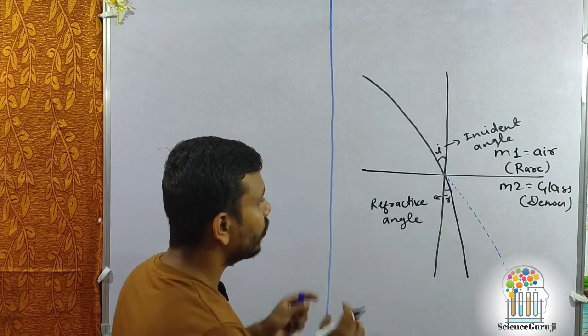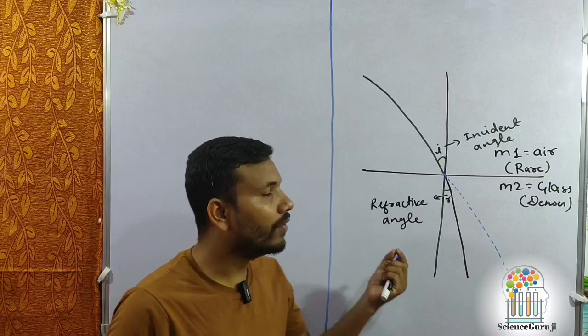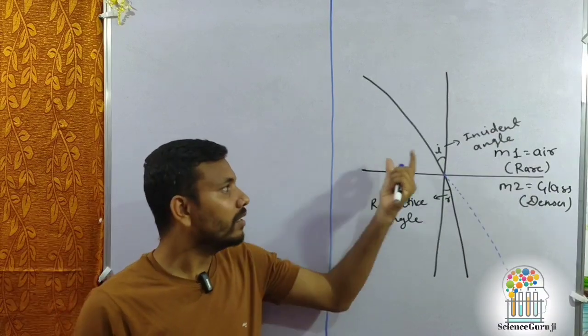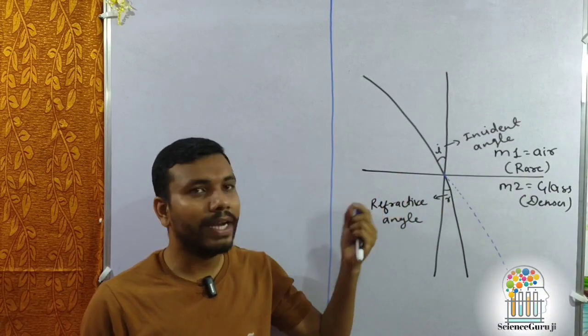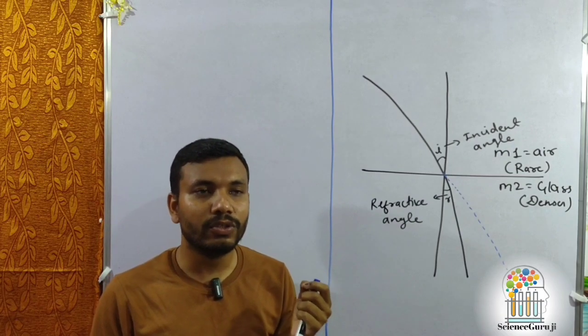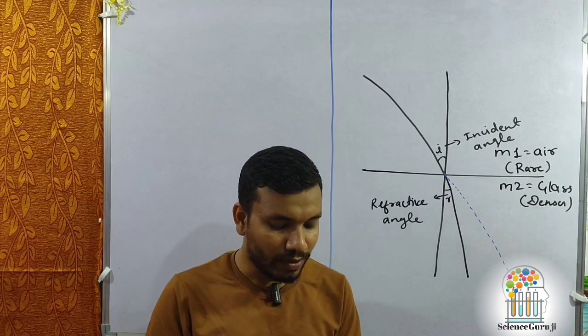So this phenomenon, where light changes its path or bends from its path, is known as refraction of light.